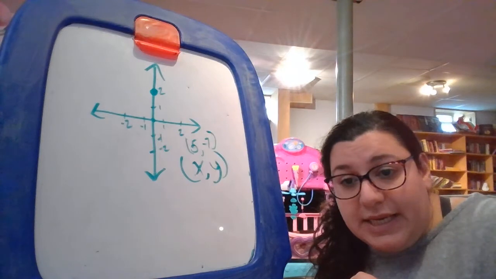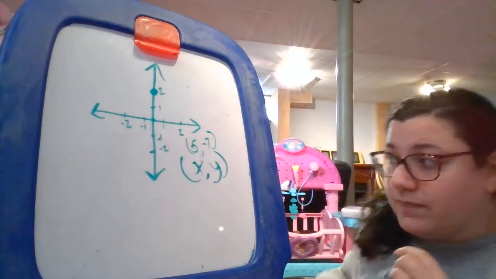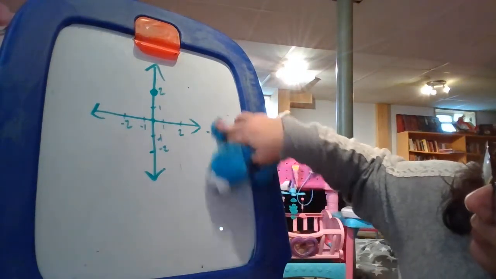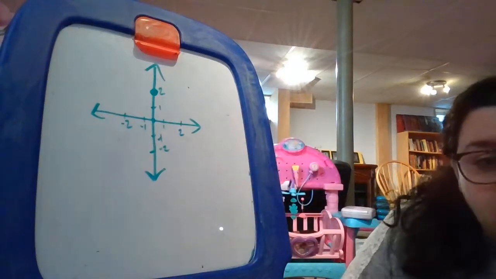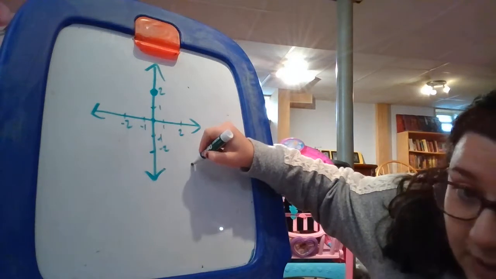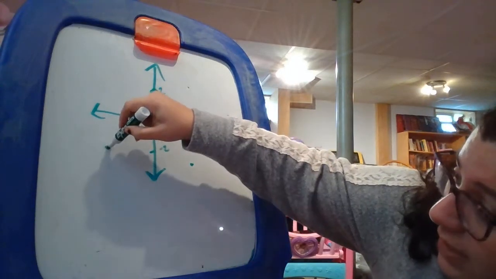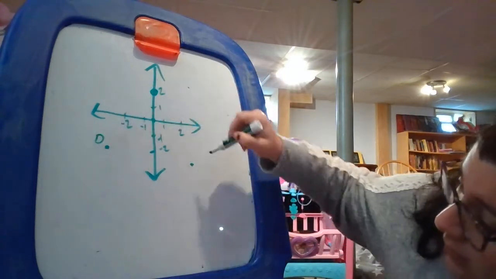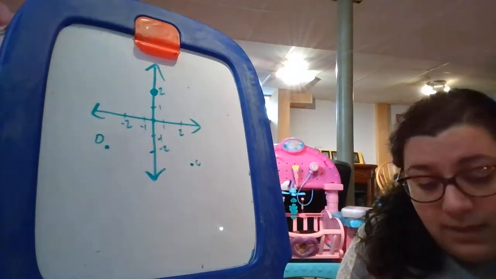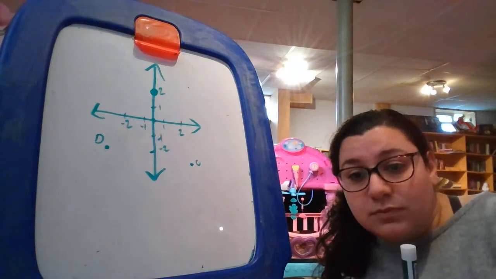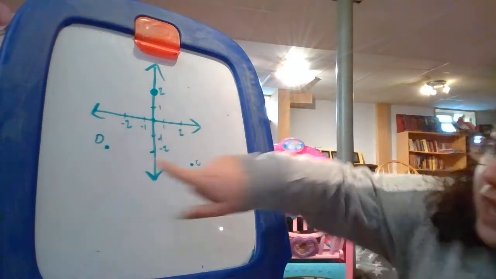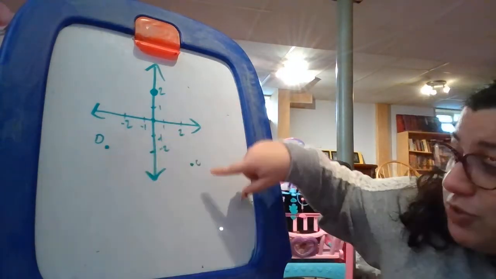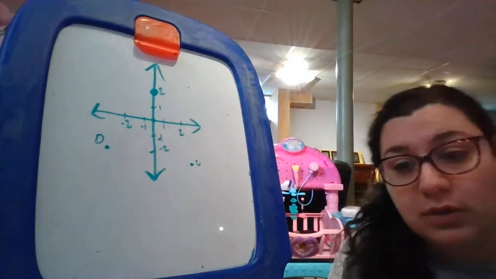So Mr. Bradley is at point C, which looks like it's down here somewhere, and then a little over and up is Mr. D. So to get from Mr. Bradley to Mr. D, what would you have to do? Tell me how many over, how many up, in what direction.